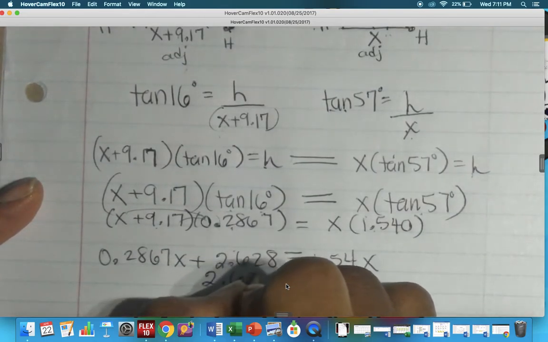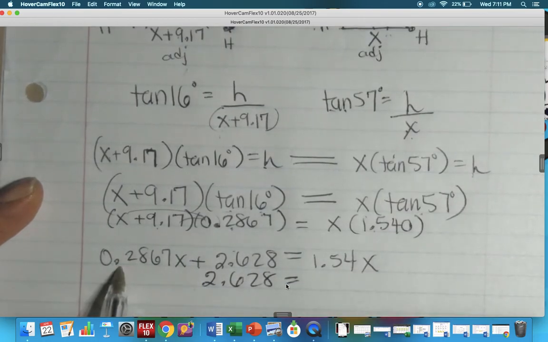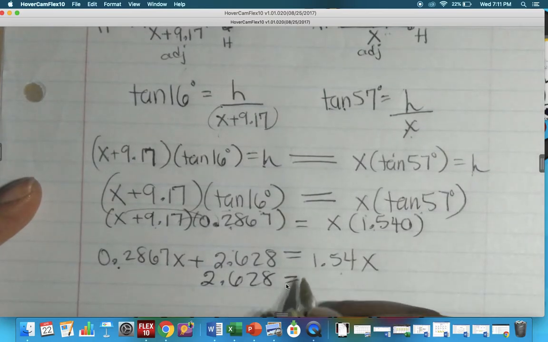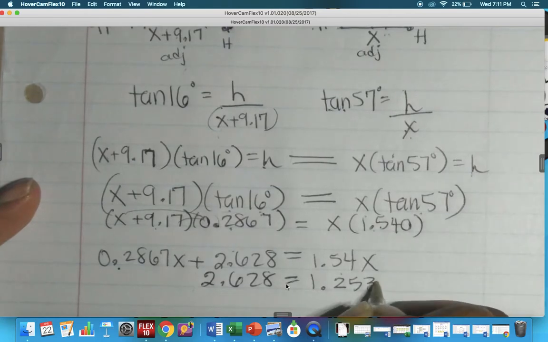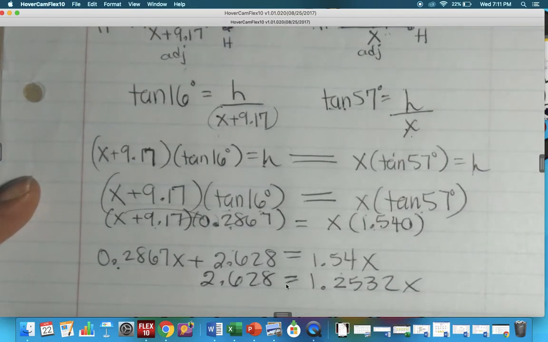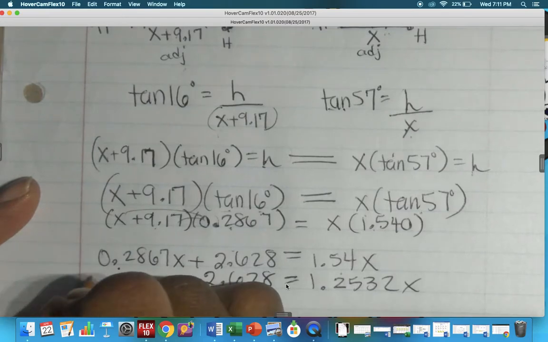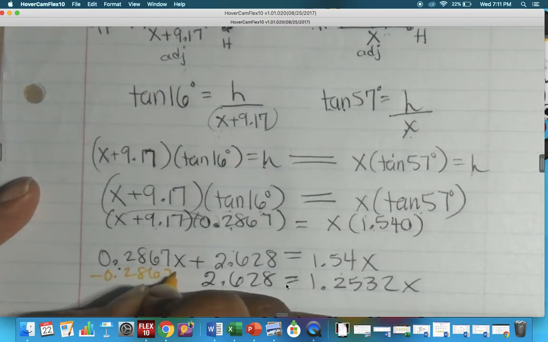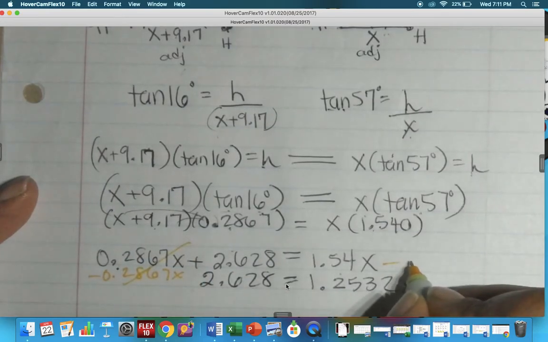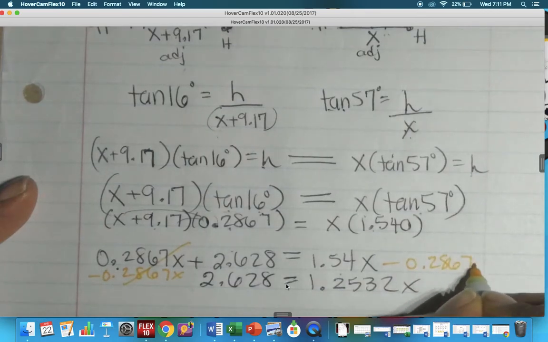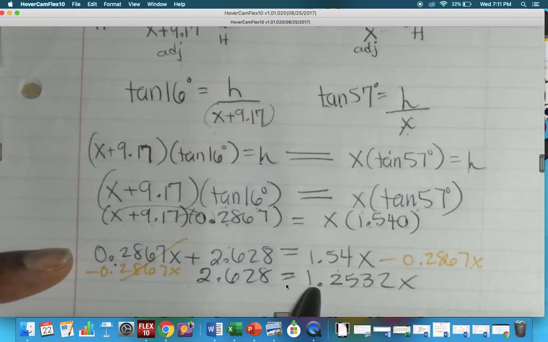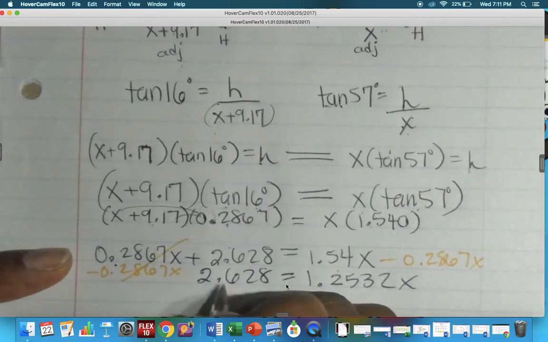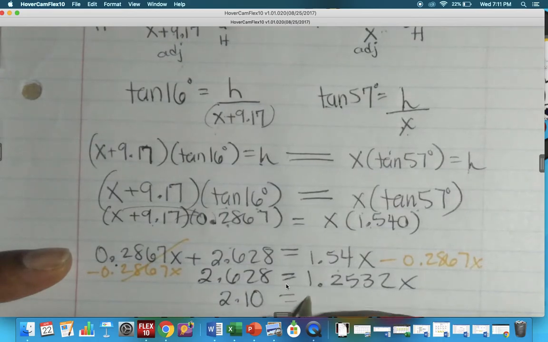So it's 2.628 equals, if I subtract 0.2867x on both sides, I end up with 1.2532x. It's like I subtracted here so that it goes away, and I also had to subtract it on the right side. Okay, and then I can divide both sides by 1.25, and I end up with 2.10 equals x.